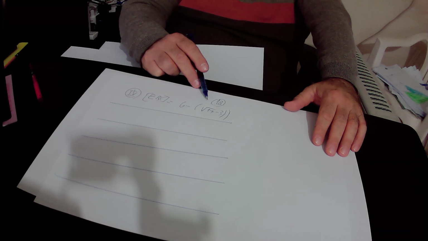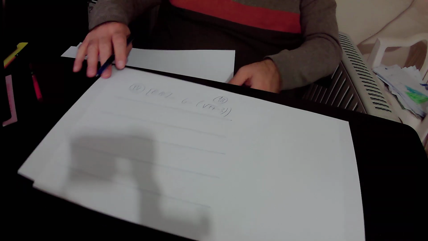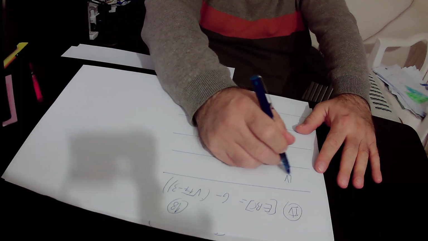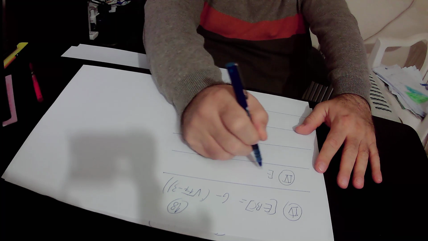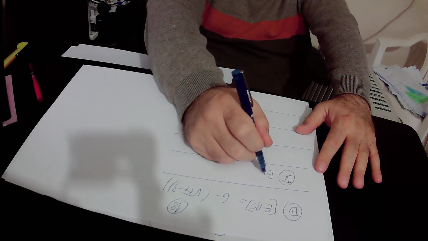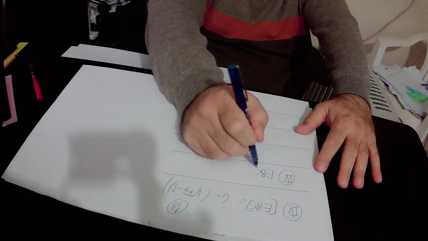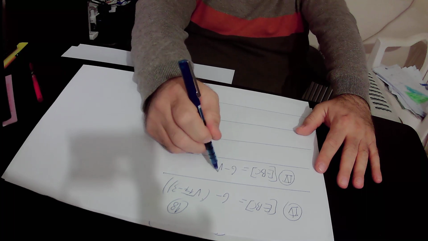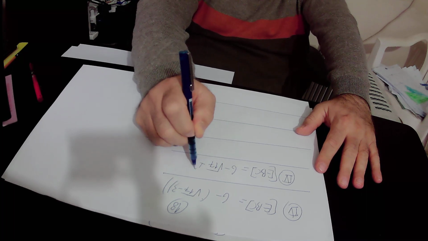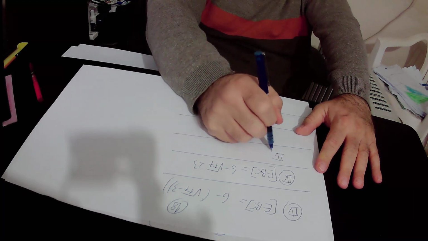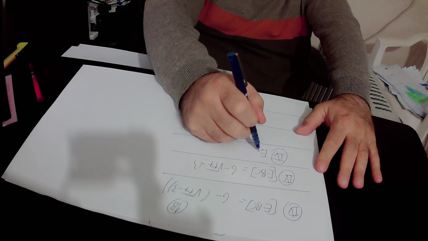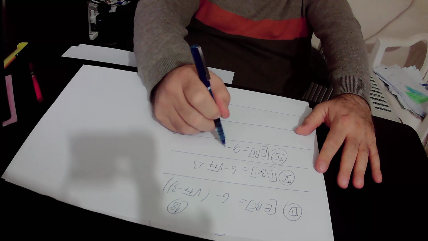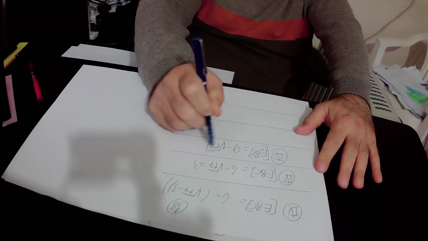Opening the brackets, we get that the area equals 6 minus the square root of 17 plus 3. So in conclusion, the area of the green right triangle EBC equals 6 plus 3, which is 9, minus the square root of 17 square units.